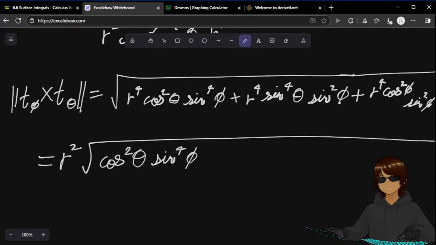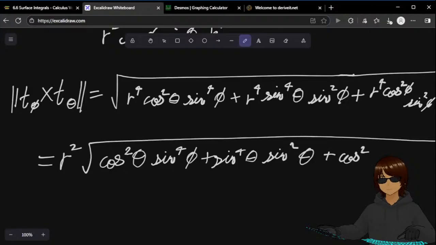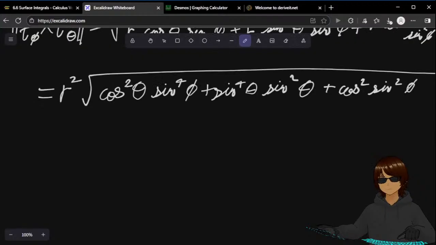I'm wondering if I can nicely split them somehow. I don't think I can.